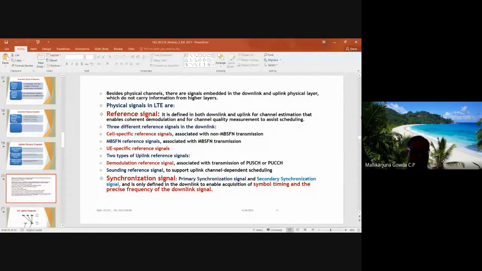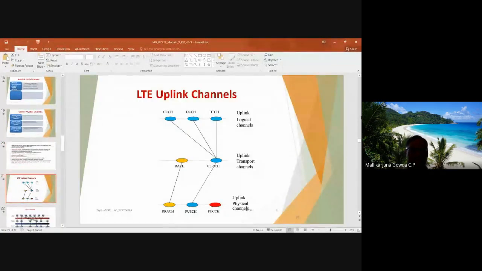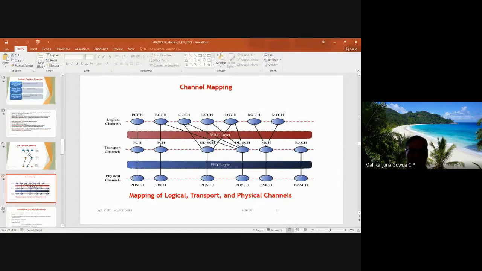Let me say about the mapping of these LTE uplink channels as well as the downlink channels. I think this will give you the complete mapping of all logical, transport and physical channels.